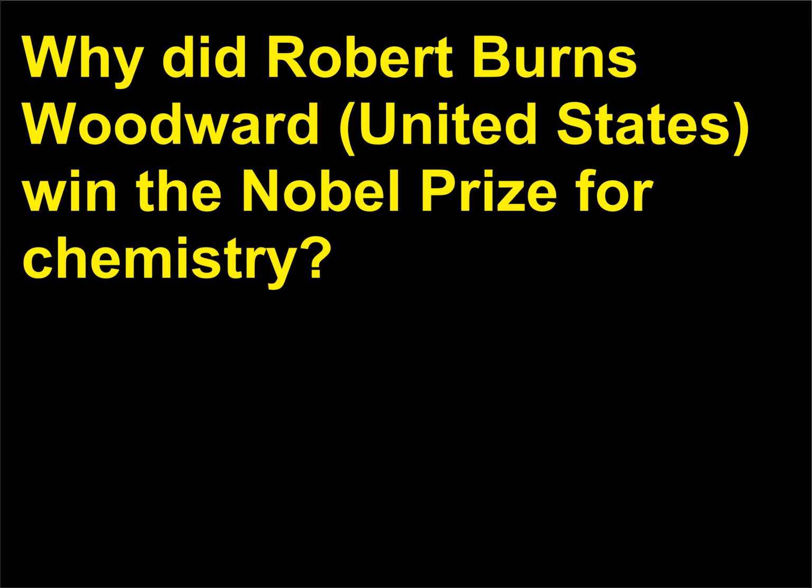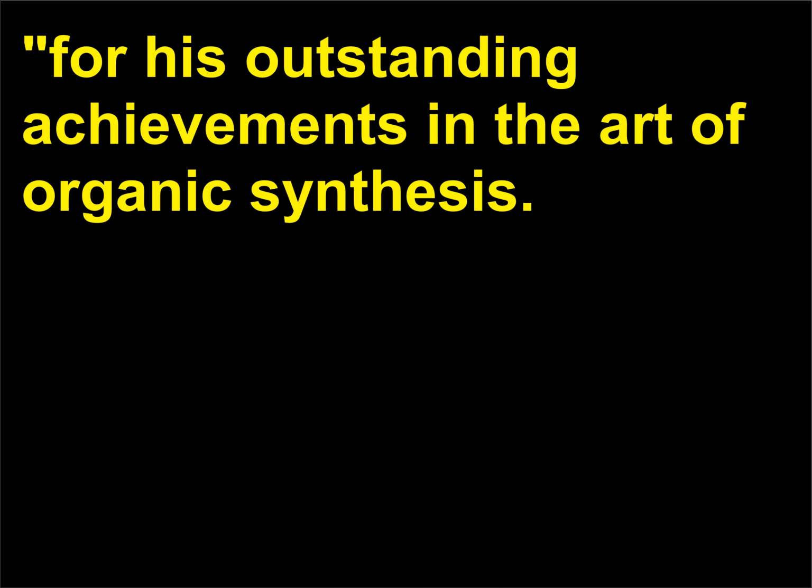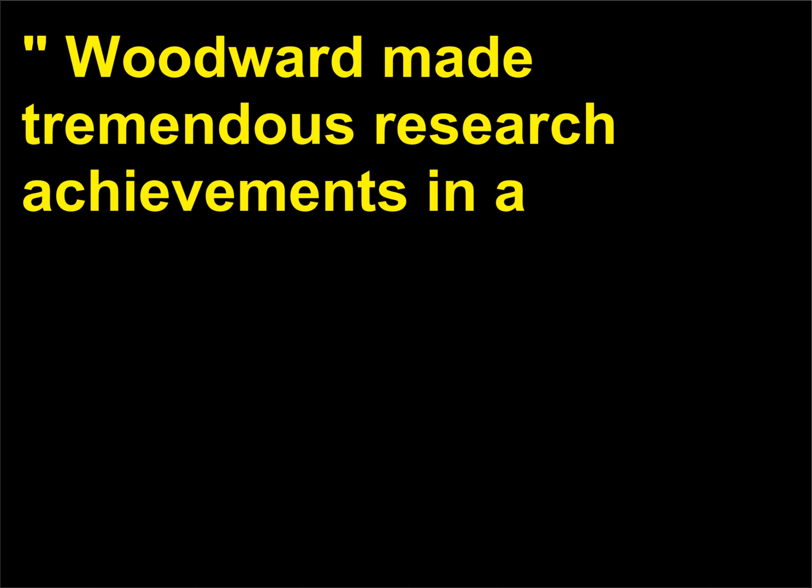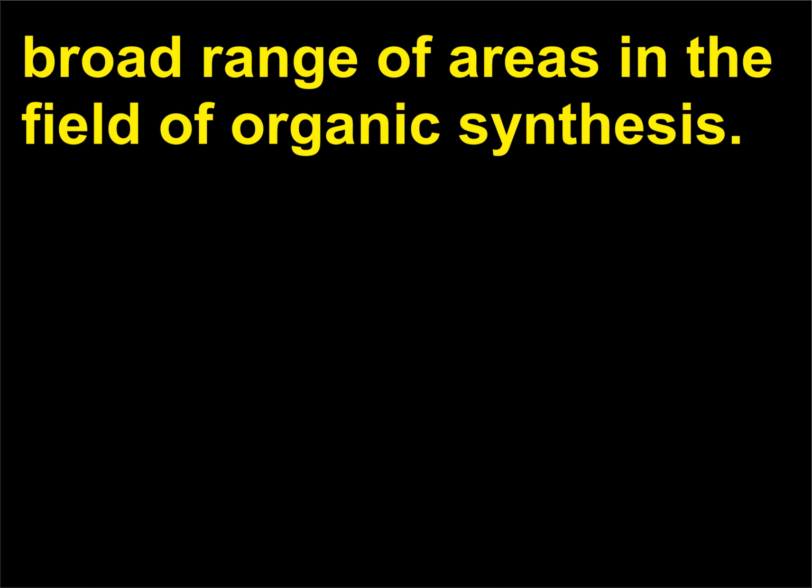Why did Robert Burns Woodward, United States, win the Nobel Prize for Chemistry? For his outstanding achievements in the art of organic synthesis. Woodward made tremendous research achievements in a broad range of areas in the field of organic synthesis.